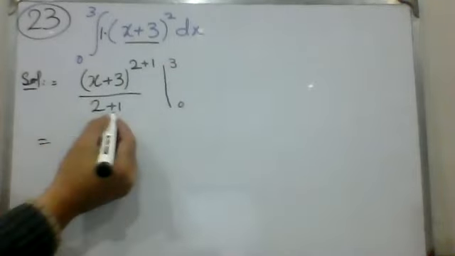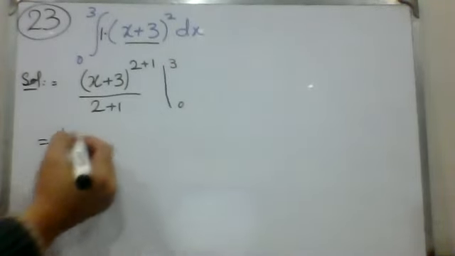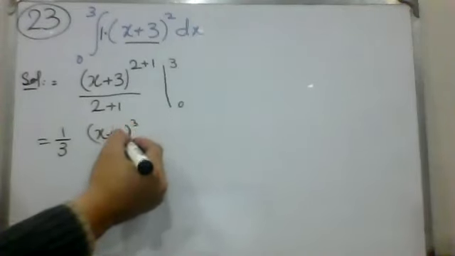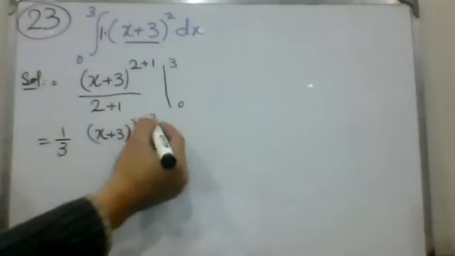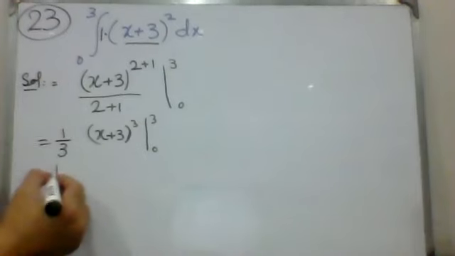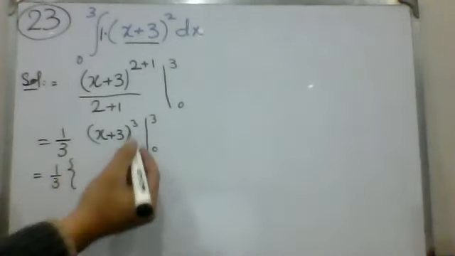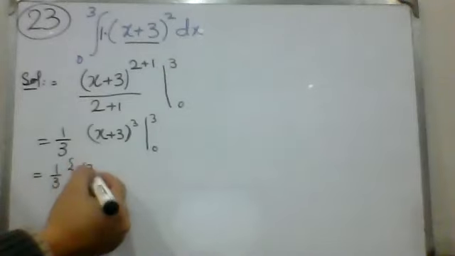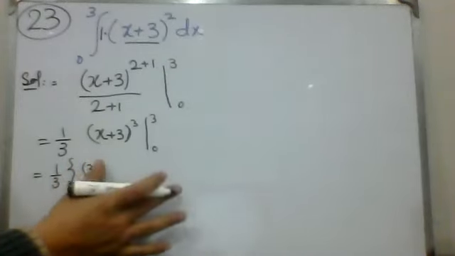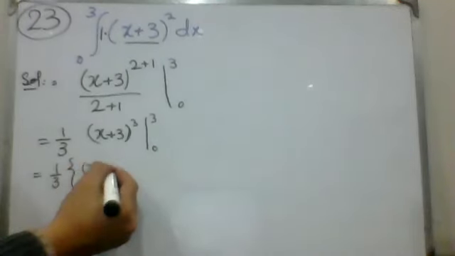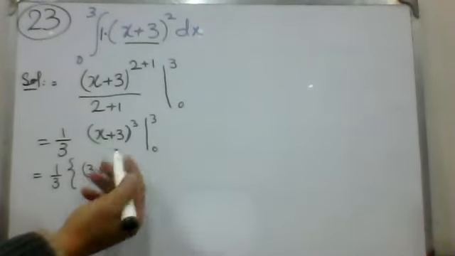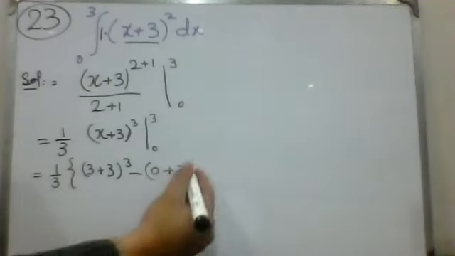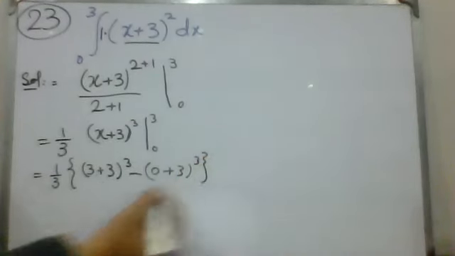So here 2 plus 1 is 3, shifted outside, that is x plus 3 whole power 3, with limit from 0 to 3. So 1 by 3, first we put in place of x is 3, that is 3 plus 3 whole power cube, minus, then in place of x we put 0 plus 3 whole power 3.